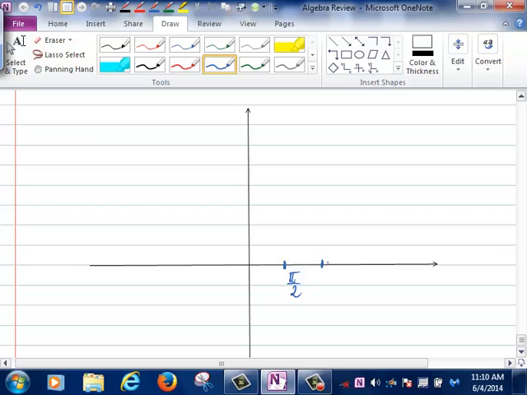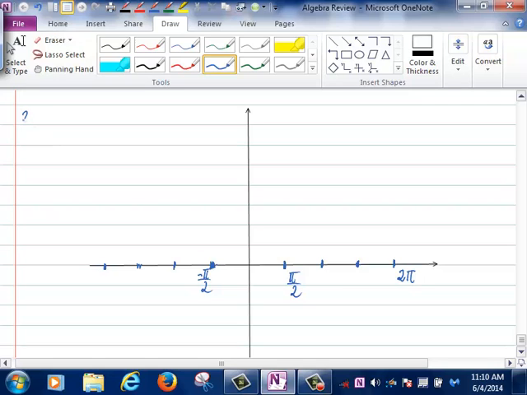This is pi, then this is 3 pi over 2, and this is 2 pi, right? And in the negative direction I have about the same distance: negative pi over 2, negative pi, negative 3 pi over 2, and negative 2 pi.